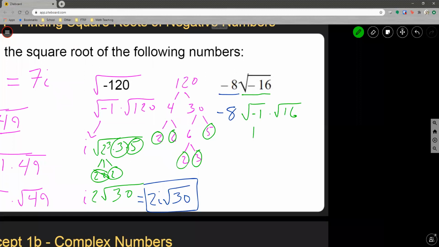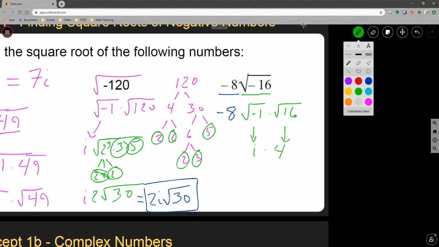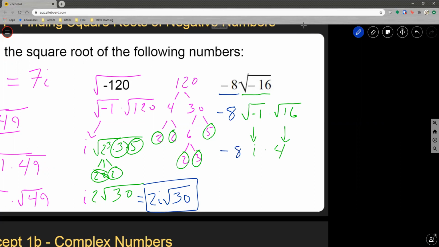And the square root of negative 1 becomes the letter i, the imaginary number i. And square root of 16 becomes 4. I bring down my negative 8 now, and I got negative 8 times i times 4. Put it all together, multiply all this together, and we get negative 32i.